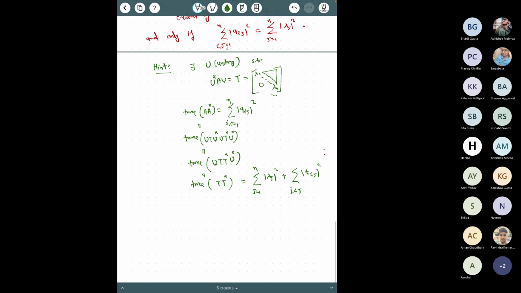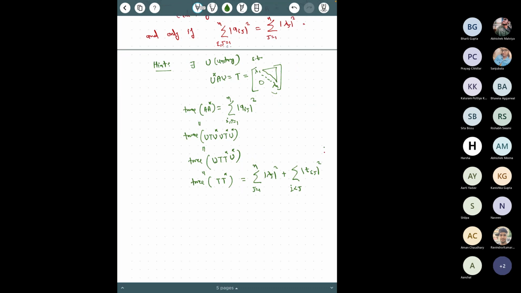So what we can say is that because of Schur's lemma, for any given matrix, I have not assumed whether A is unitary, normal or not. I have not used anything. I just said that A is an n cross n complex matrix.